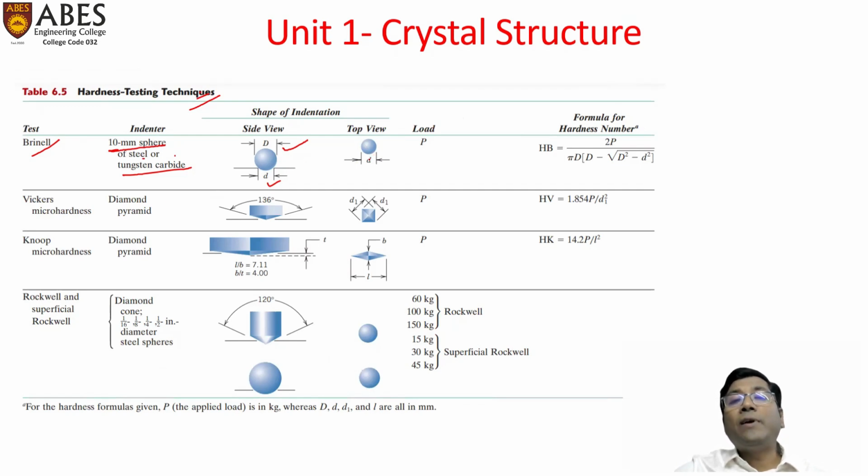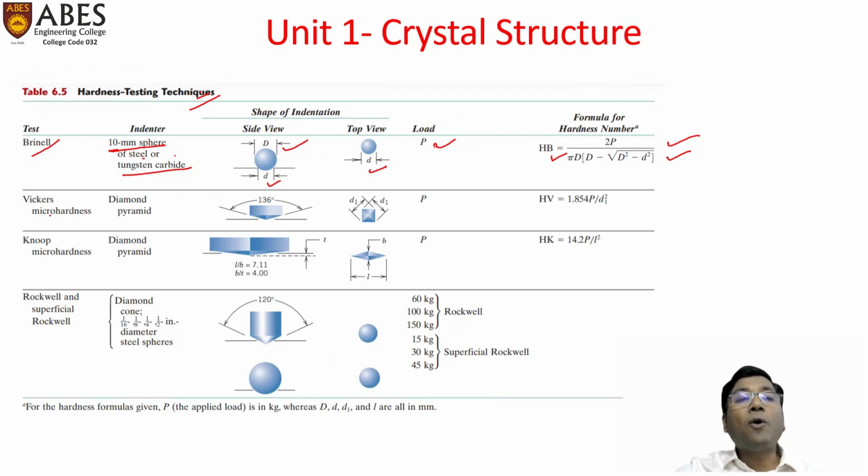The top view will show the small diameter d. The load is given the symbol P. The formula for hardness number HB, hardness Brinell, equals 2P upon pi D into D minus root over D square minus d square. The same relation as we have seen earlier.